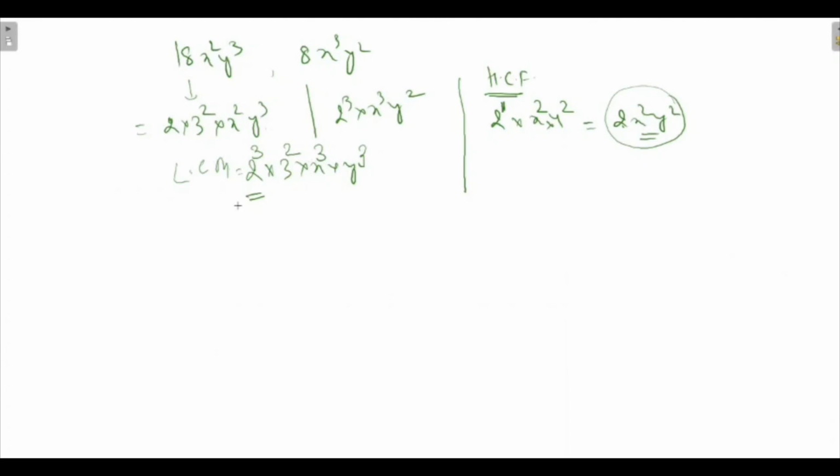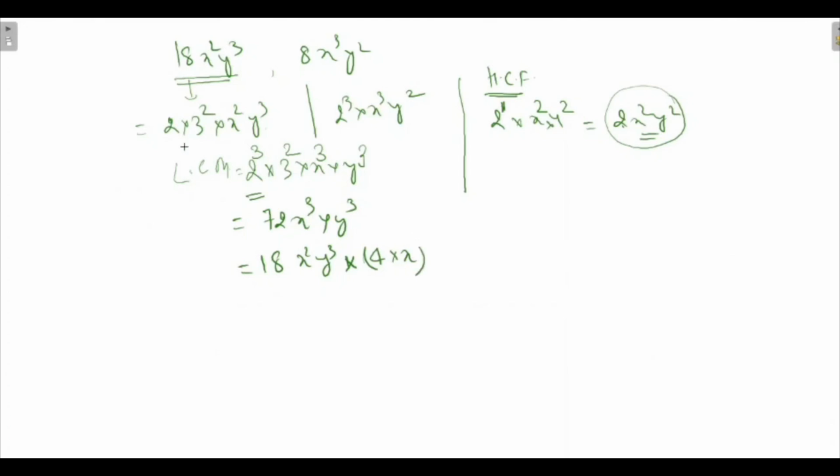And what it means is that 18x square y cube would be able to divide it. So if I'm putting this number, this will be 8 into 9 will be 72 x cube y cube, and if you want to write it, it will be 18 x square y cube, and then what is left here will be 4 into x into, no, there is no y, so this is 4 into x.